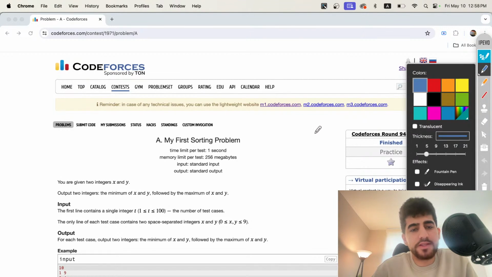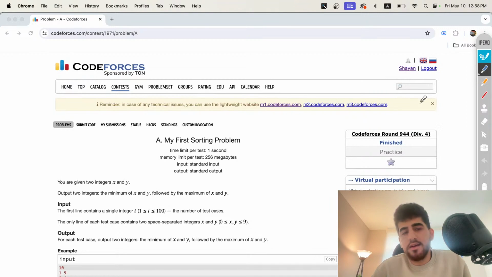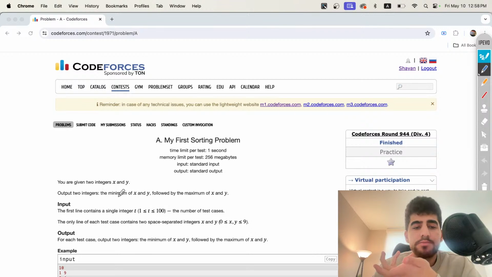The first problem that I want to discuss is problem A. It is an easy problem. It just says that you're given two integers x and y, and you have to output two integers: the minimum of x and y followed by the maximum of x and y. Well, this is very easy.